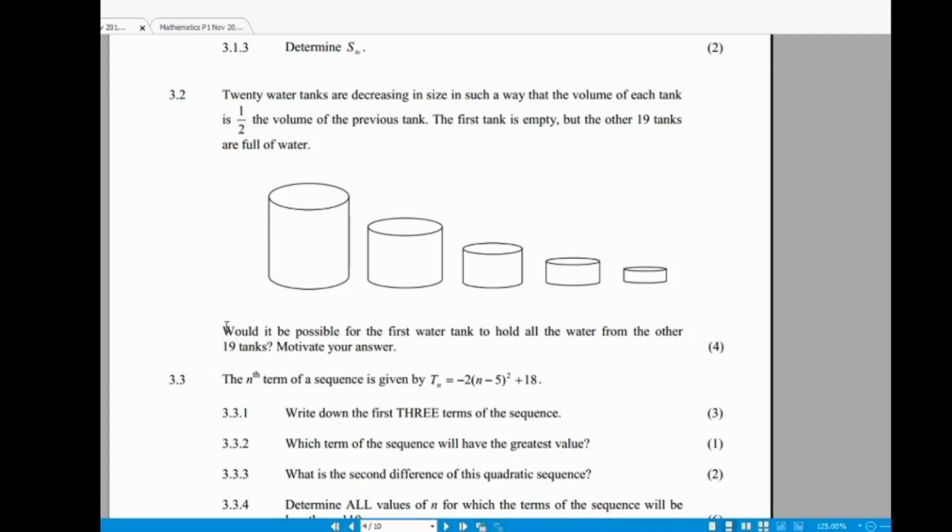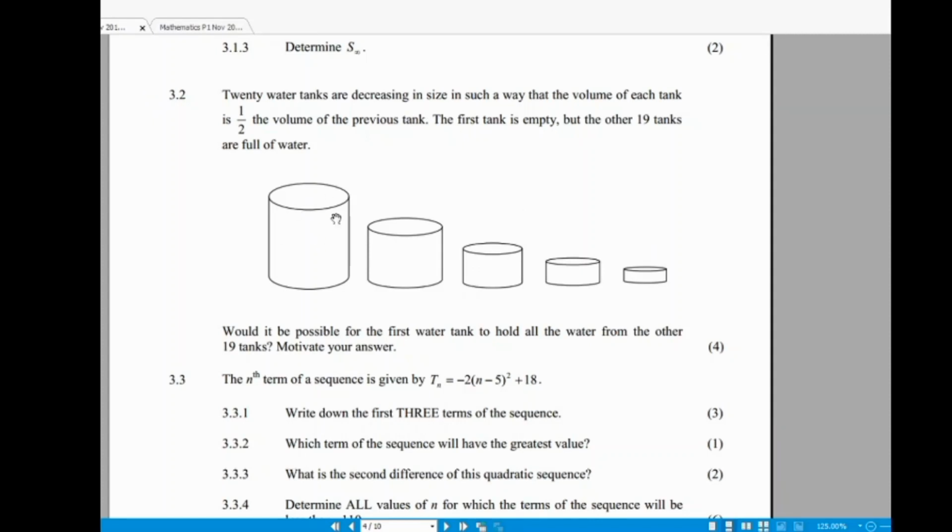Now, would it be possible for the first water tank to hold all the water from the other 19 tanks? And then we have to motivate our answer. So we have this first tank, and they tell us it is empty, but the other 19 tanks are full of water.